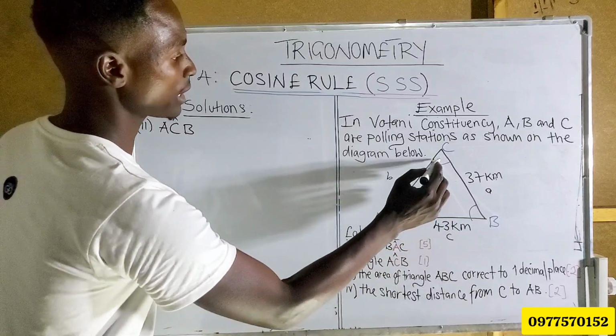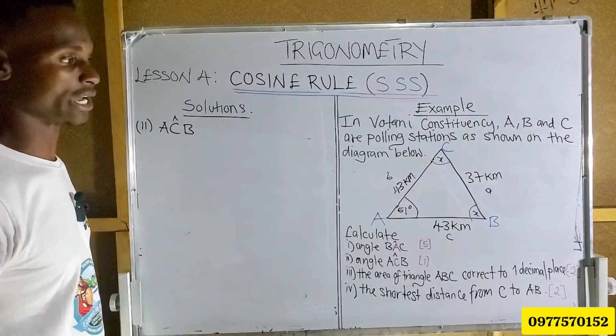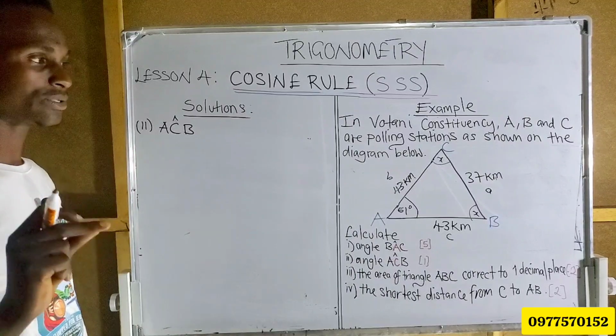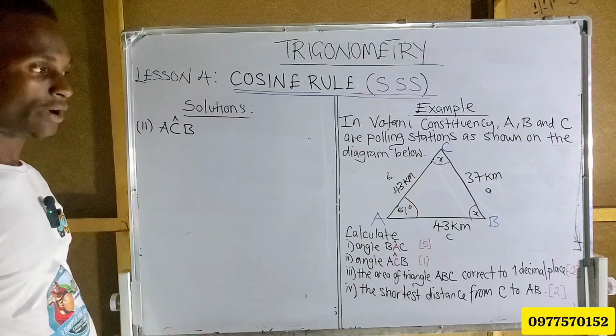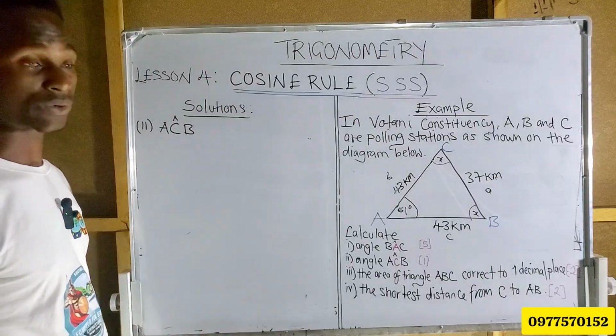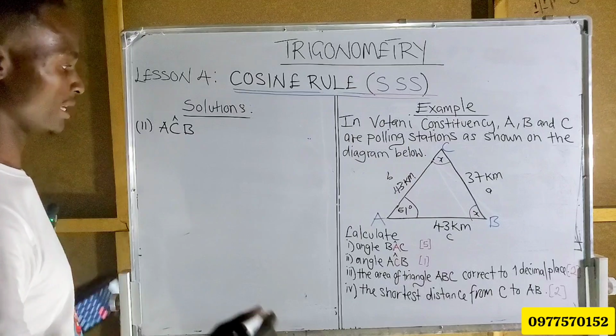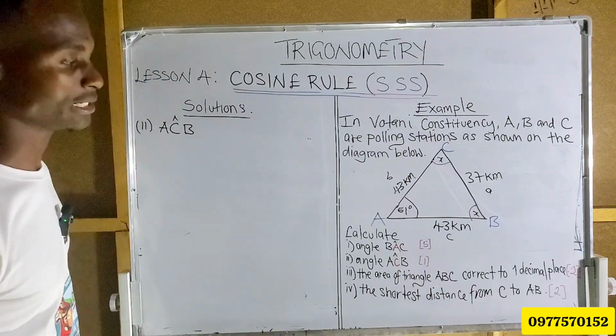Let's put x here and x there, because this is an isosceles triangle. And the rule of isosceles triangle states that when two sides are equal, the base angles are the same. And angles in a triangle add up to 180.